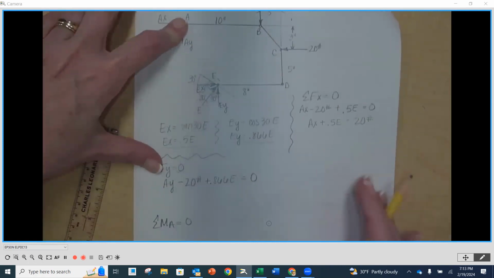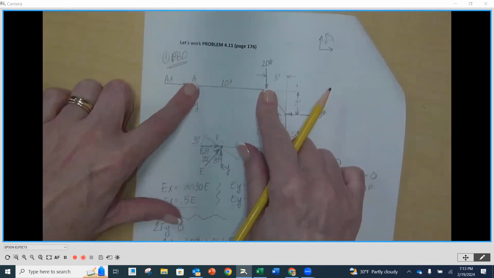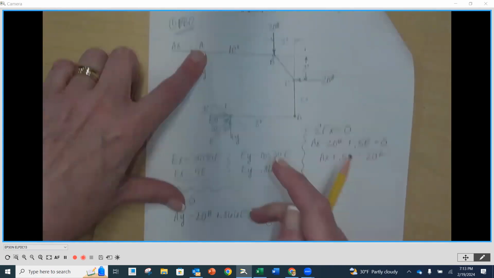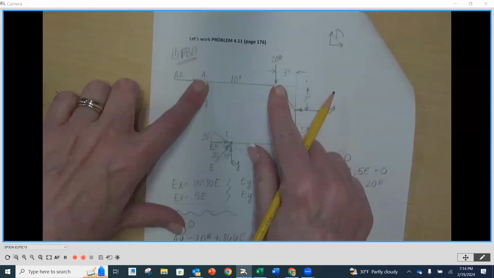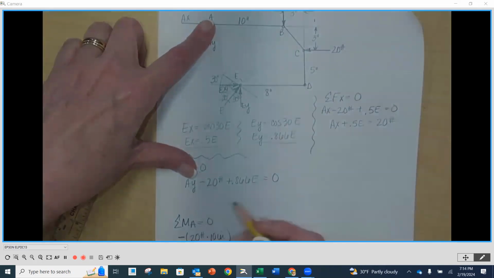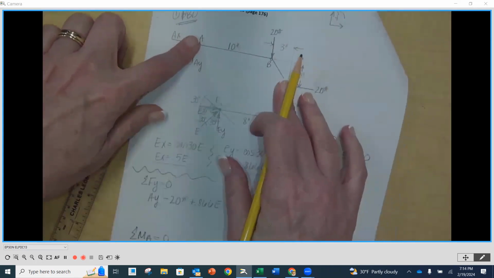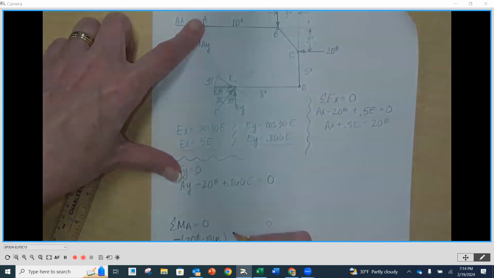Okay. So I'm going to start over here with my 20 pounds. Cause rotation. So 20 pounds times a perpendicular distance of 10 inches. And it is going to rotate clockwise. So negative out front. My next one is going to be my 20 pounds at C. It is also going to rotate in a clockwise direction. So that'll be negative.